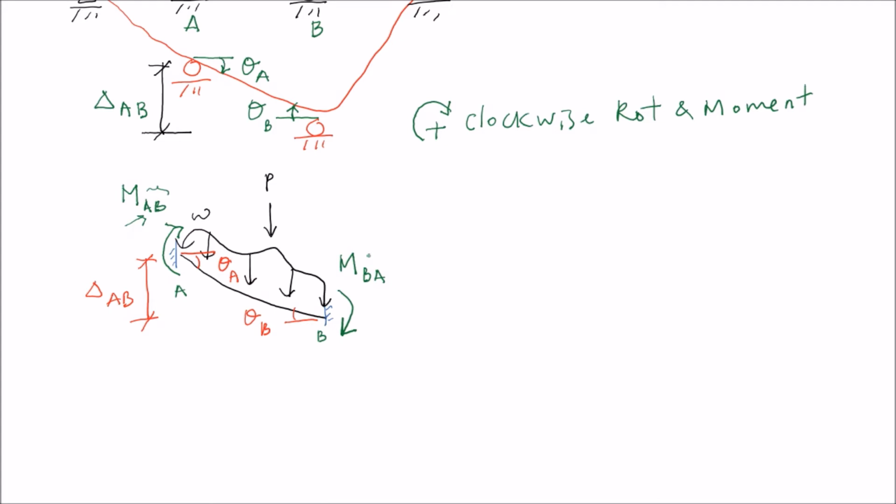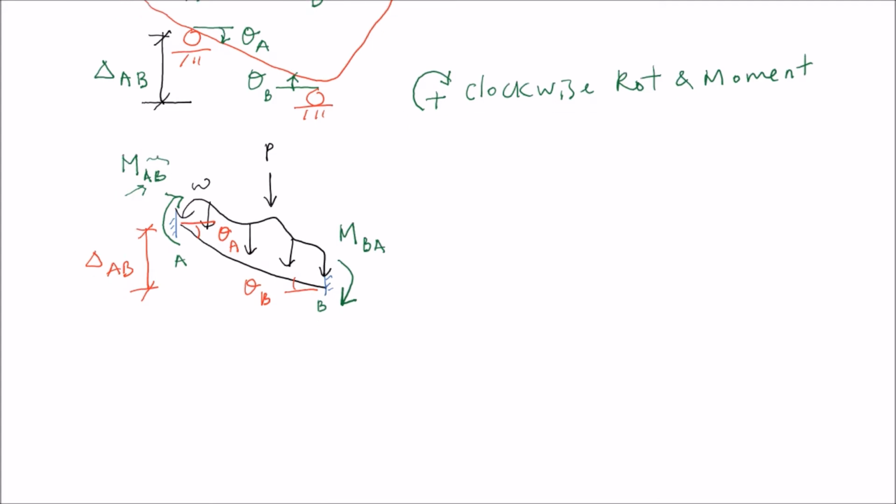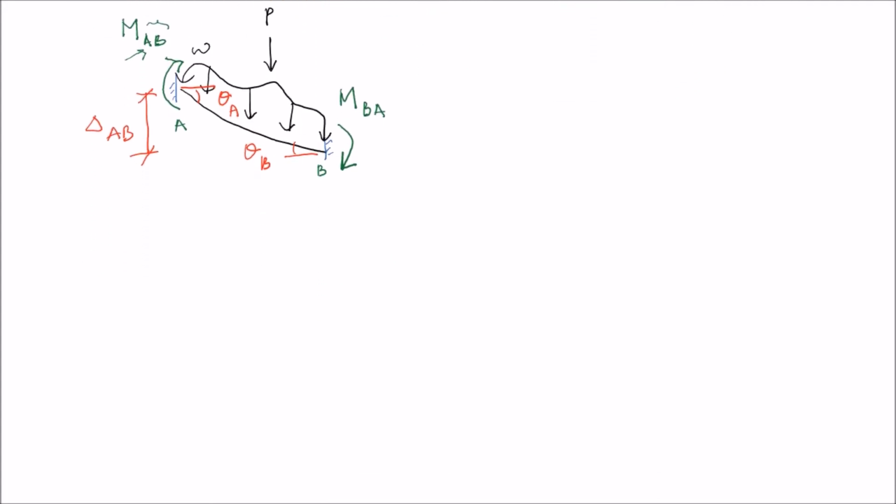Okay, so if you see this problem, now it will look a little bit messy, sorry, but in essence, the moment that is developed is basically a function of the load that you apply, the rotation.